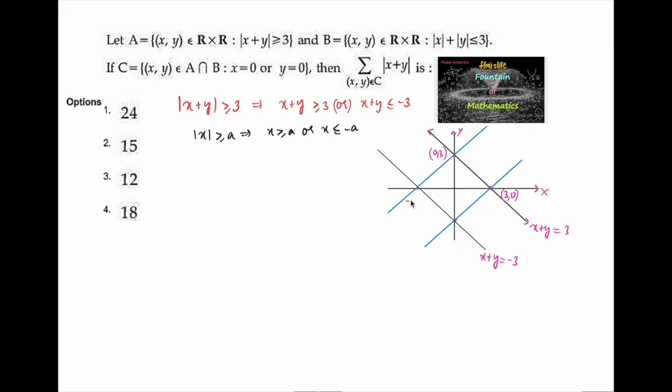So here we can say minus 3 comma 0 and 0 comma minus 3. And now the solution is x plus y greater than or equal to 3 means which is away from this, which is not passing through the origin, and x plus y less than or equal to minus 3, we can say below the line. Both are not passing through the origin.